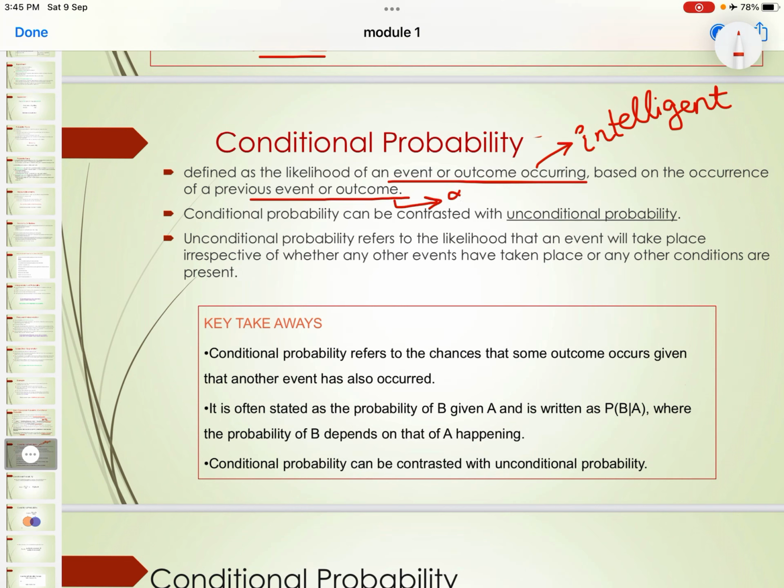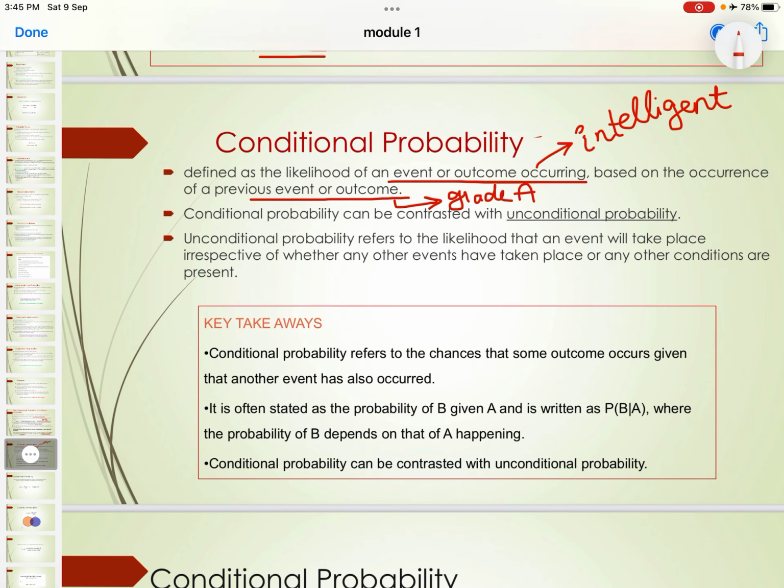That means based on whether that student has got a grade A. So if the student has got a grade A, that means the student is an intelligent student. So the likelihood of an event of intelligence occurring based on the previous occurrence of grade A.